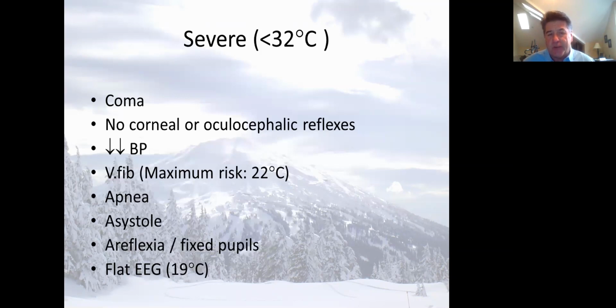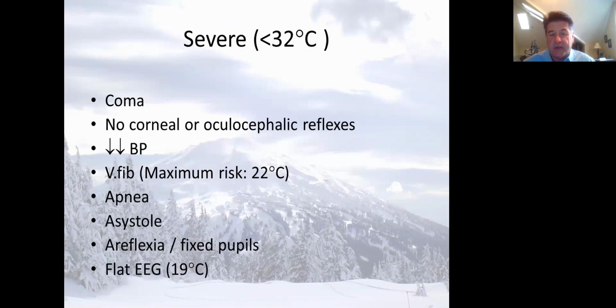Also, if you were to take the tip of a Q-tip and touch it against an eye, that's an automatic blink, even if somebody has had a stroke. At severe temperatures, you lose that corneal reflex. The blood pressure continues to go down. You're more likely to see ventricular fibrillation. Your breathing can completely stop, and you may actually go into asystole.